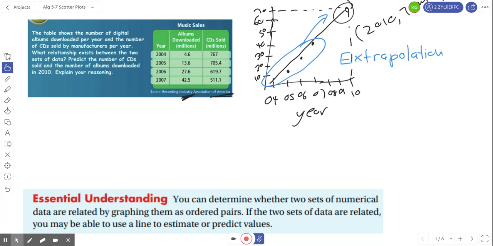Now, let me do this other one in red. I do the same thing for CDs sold. I'd make a graph. The years are going to look the same. So 04, 05, 06, 07, 08, 09, and 2010. I'm going to be kind of squeezing this on here.